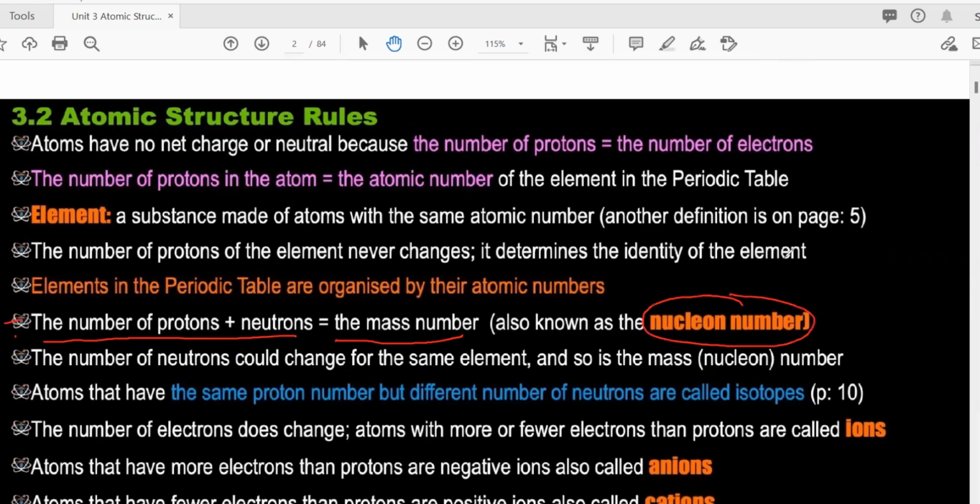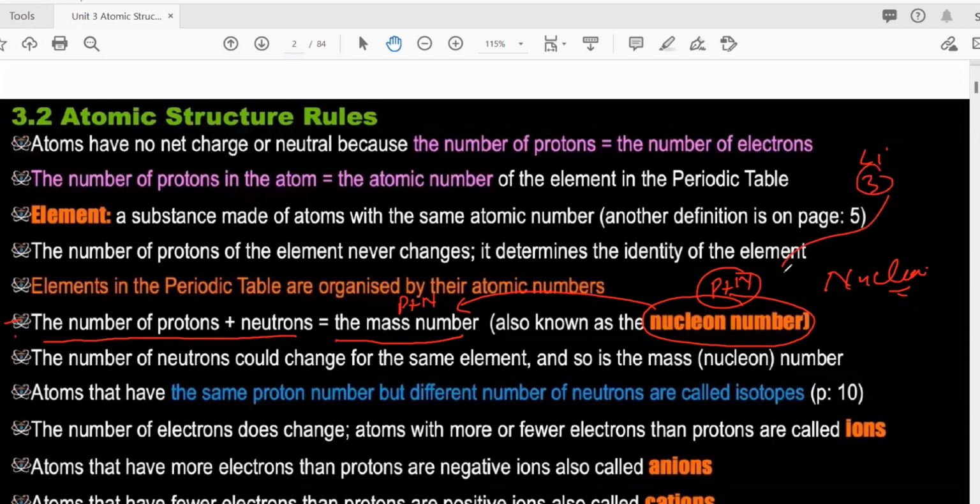If in the exam or in the book you find the nucleon number, no need to worry about that, because nucleon number is the other name of mass number. So mass number means proton plus neutron. So nucleon also means proton and neutron. For example, the mass number of lithium is 3, its nucleon number is also 3, just another name for that.